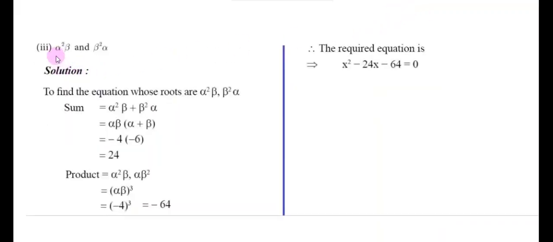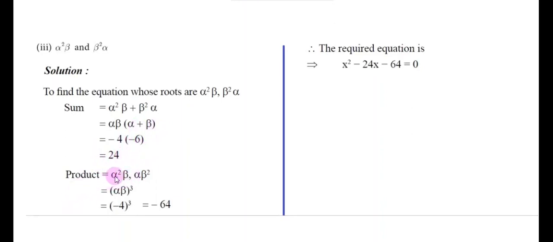Now subdivision 3, alpha square beta and beta square alpha, sum of roots alpha square beta plus beta square alpha, alpha beta common, so we should take it out, so alpha beta into alpha plus beta, apply alpha beta value, it is minus 4, alpha plus beta, it is minus 6, that is equal to 24.